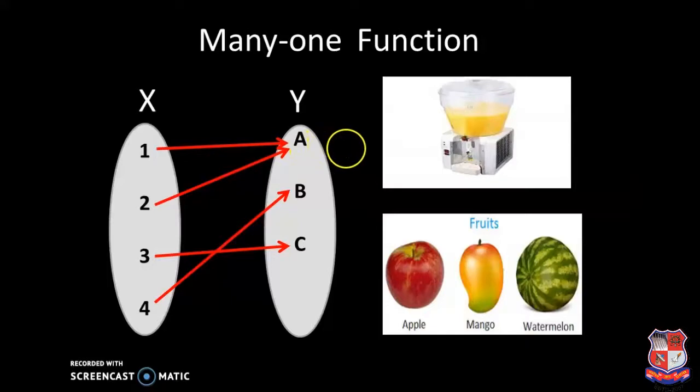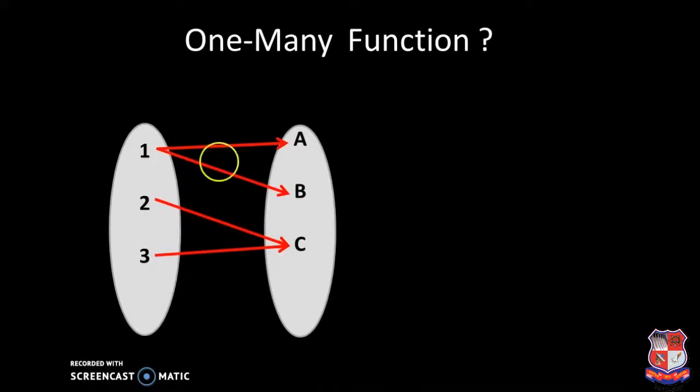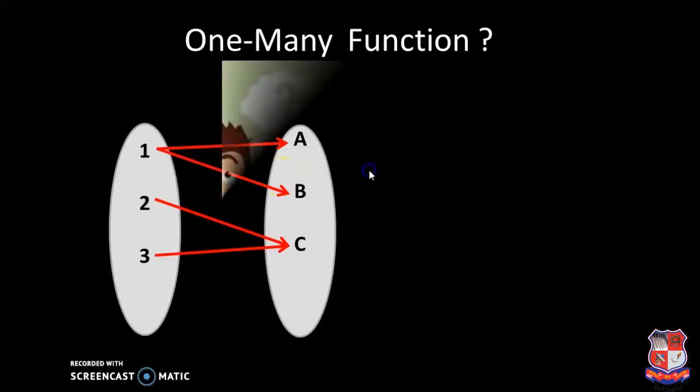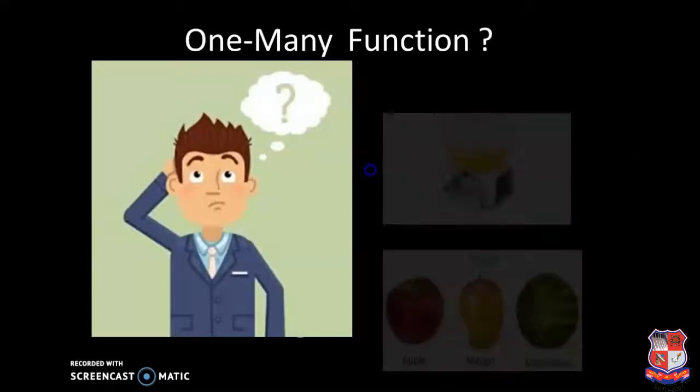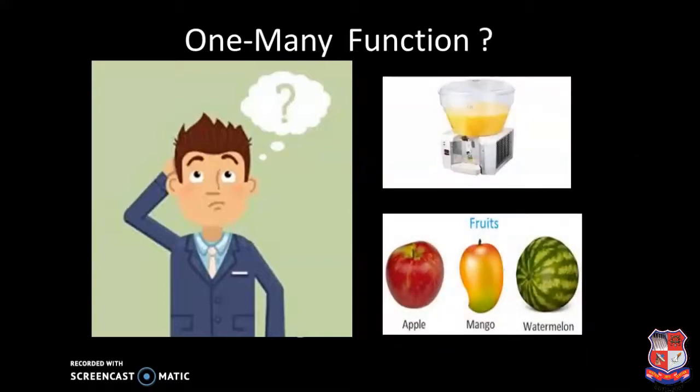Now sometimes is a function a one-many function? From one value you have different outputs. This is many-one, okay, but for this one you have different outputs. Is it possible? We once again understand this by real life application.